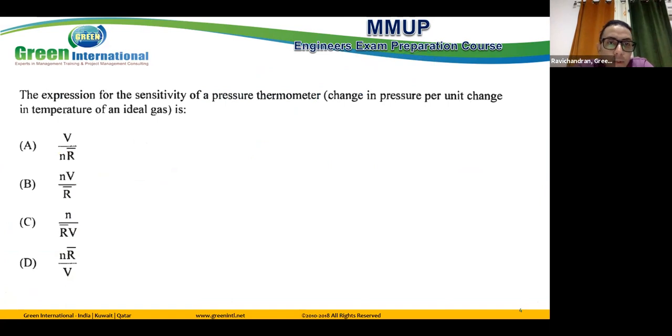The expression for sensitivity of a pressure thermometer, change in pressure per unit change in temperature of an ideal gas, equals. Just check here the definition of this sensitivity. If we check this one, we can select the right answer easily.